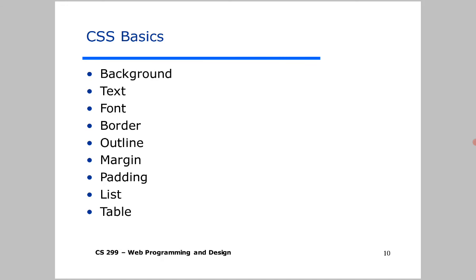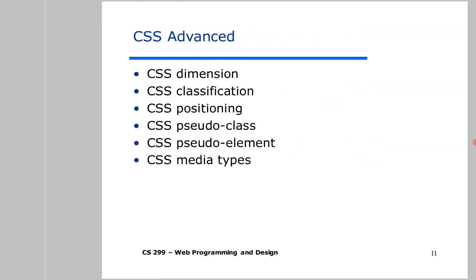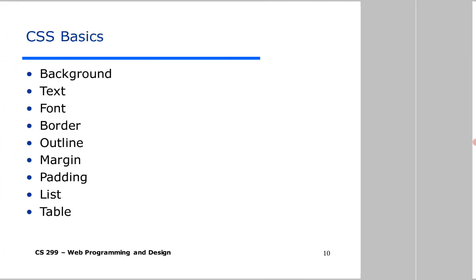CSS or style sheets can generally be used for the following areas of the HTML page: background colors, text colors, font colors, fonts, text, background, borders, outlines, margins, lists and tables. So thank you.